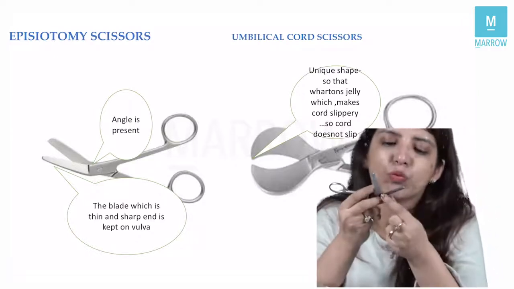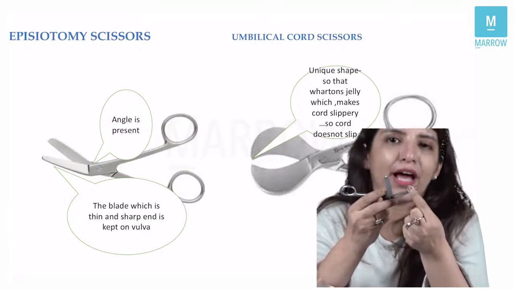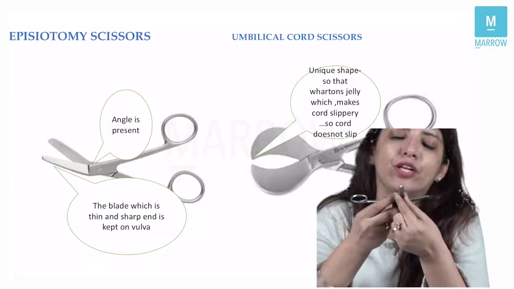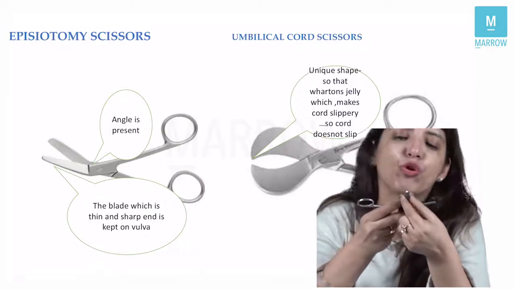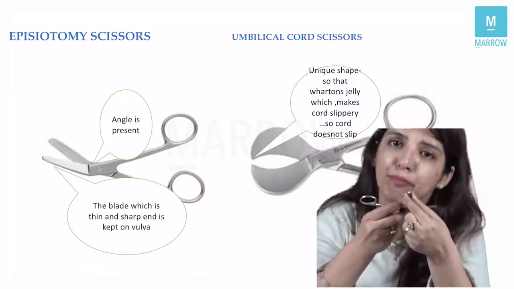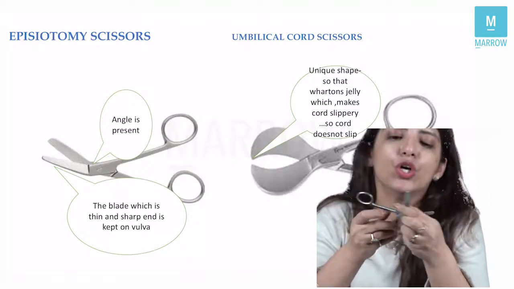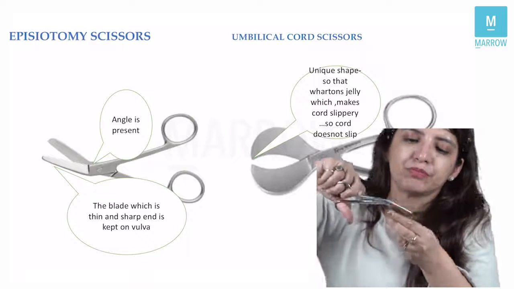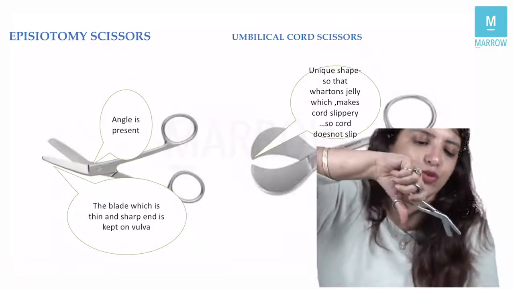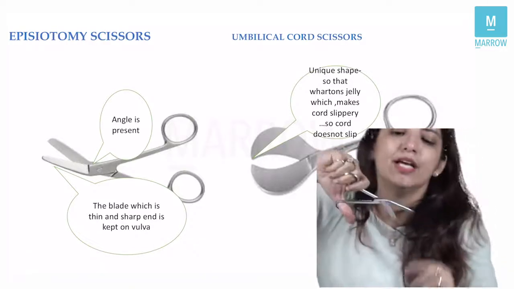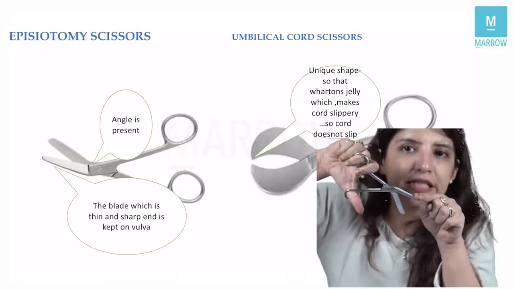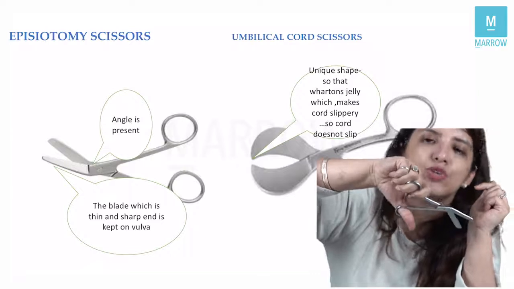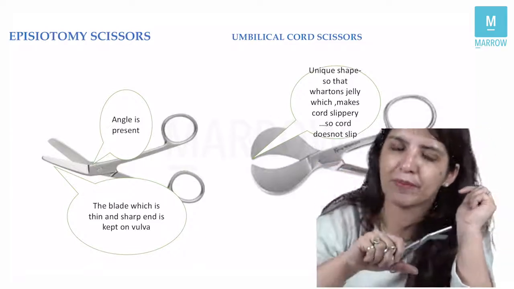They are not pointed, but one of them is a narrow and a little sharp blade compared to the other blade, which is broad and a little more blunt, right? So this is an episiotomy scissors. This is how you have to give an episiotomy. The long pointed end is going to rest on the vulva and you are going to give the episiotomy.